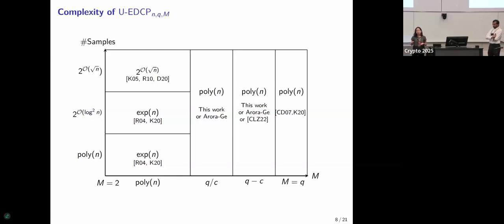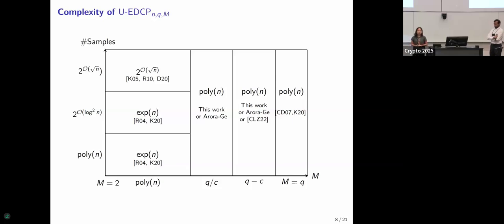For example, when m equals q, we can solve EDCB using quantum Fourier transform in polynomial time. And when m equals q minus c or q divided by c, where c is a small constant, we can solve it using Arora-Ge, or in the related work in the paper of CLZ 2022, they present a quantum filtering algorithm, which is a quantum version of Arora-Ge, to solve UEDCB in polynomial time.